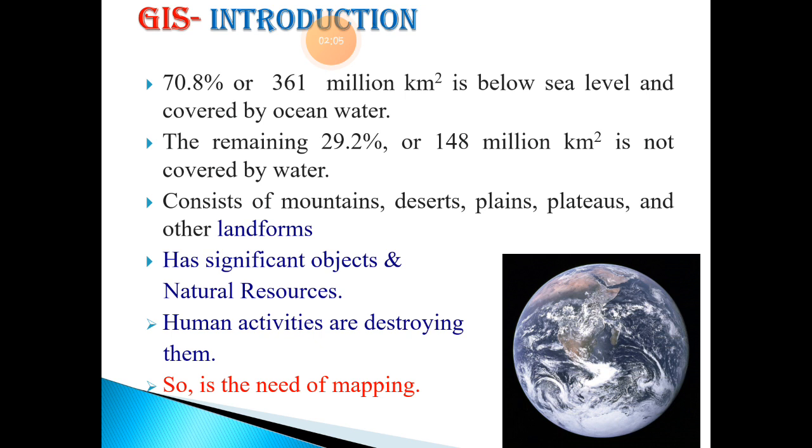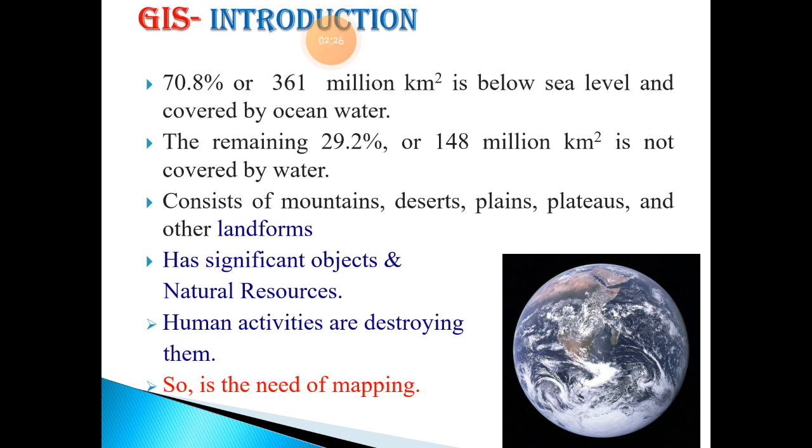It is richly provided with wide natural resources and significant objects. But in recent decades, the world population has exploded so much that it is using and destroying these natural resources and the significant objects of the earth.